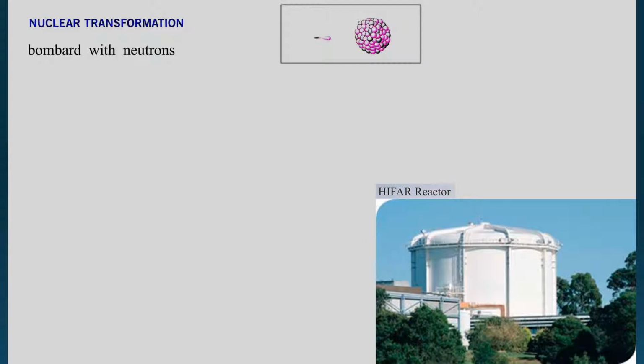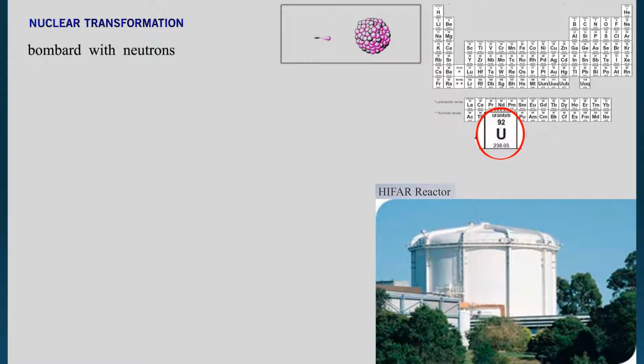Now let's see how this neutron works. And where do you get the neutron from? They choose uranium. What's special about uranium? Uranium is a reactive element. Its atomic number is bigger than 83 and they are reactive.